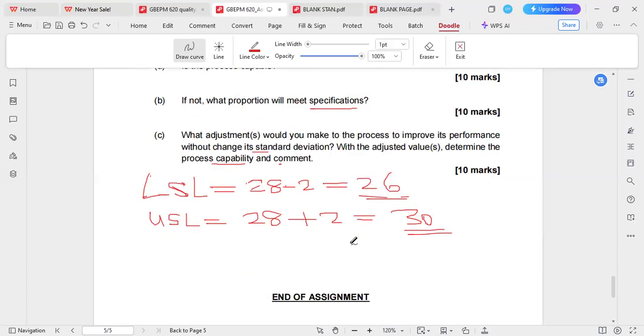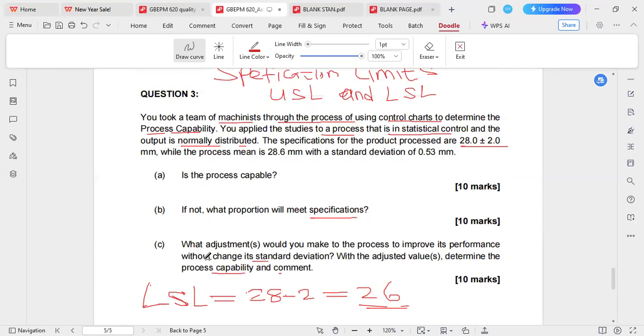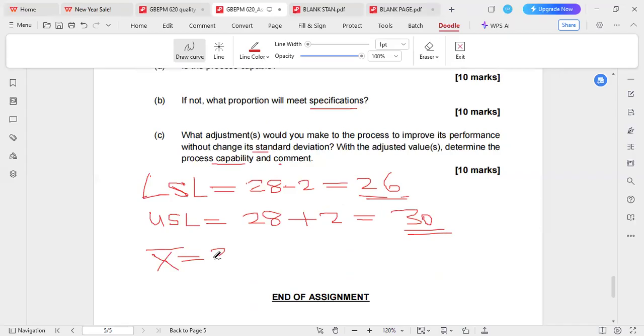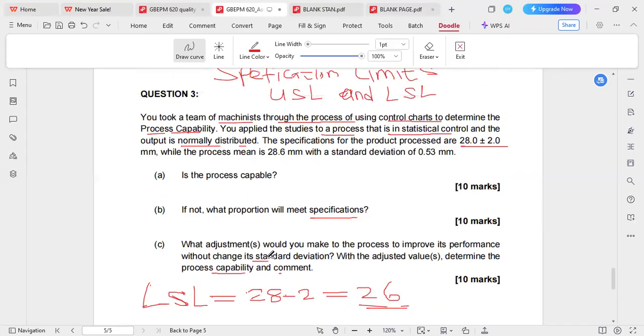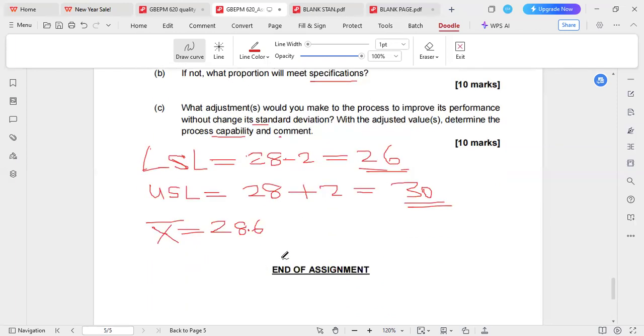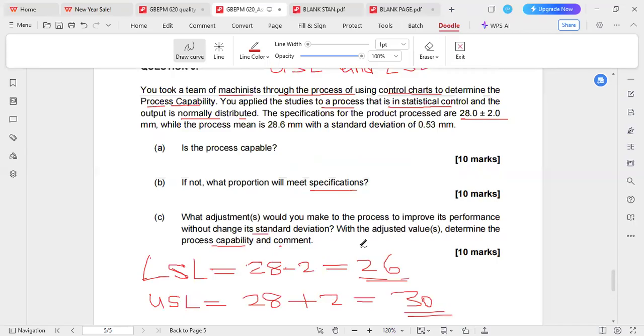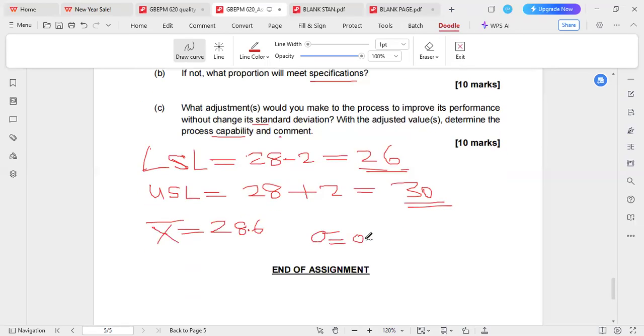Okay, then the mean from here, the X bar in this question is actually equal to 28.6. Then the standard deviation is actually equal to 0.53. So this is the standard deviation, and this is the mean.